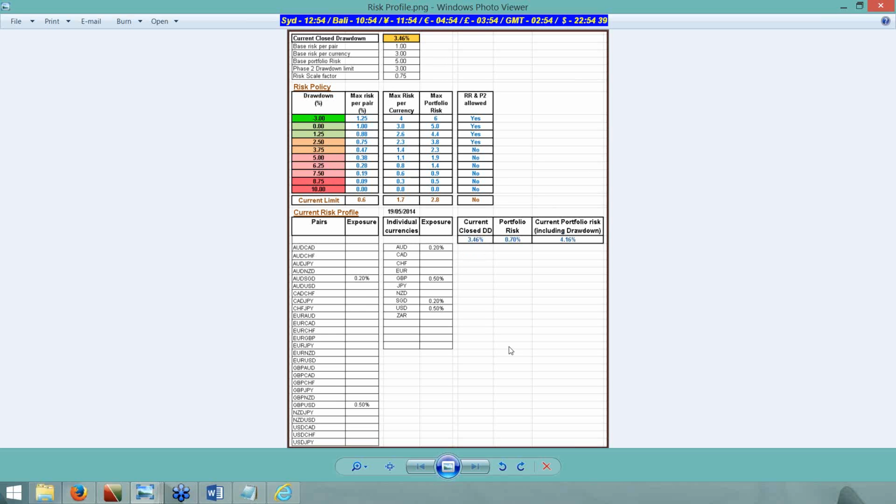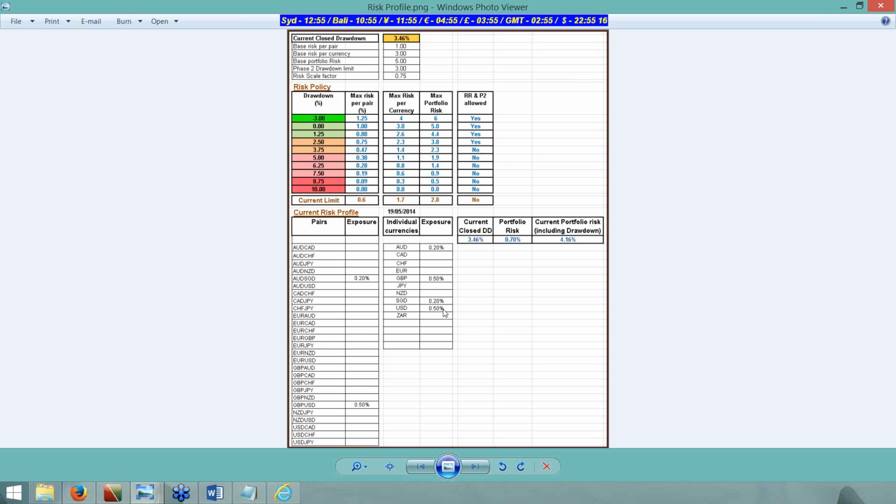The second thing is you might look to make these positive and negative in this exposure. So here, for example, you're long the pound for 0.5%, which means you're short the US for 0.5%. So if you then go shorting the Aussie for 0.5%, you're net zero against the US.